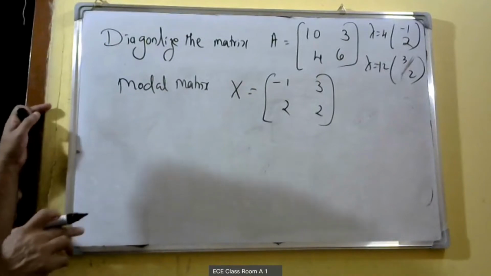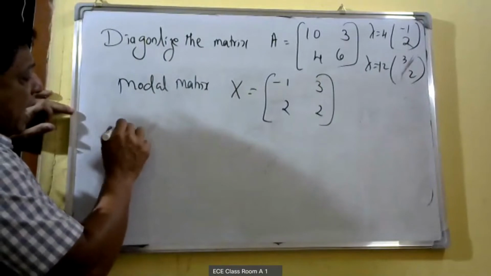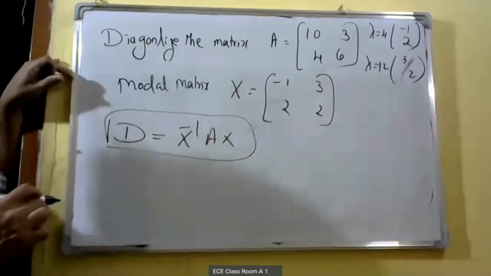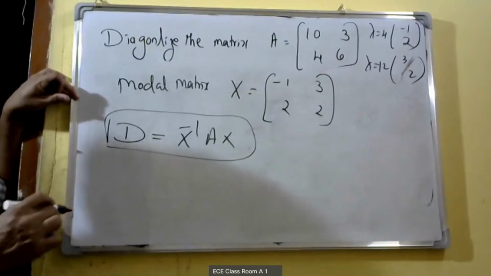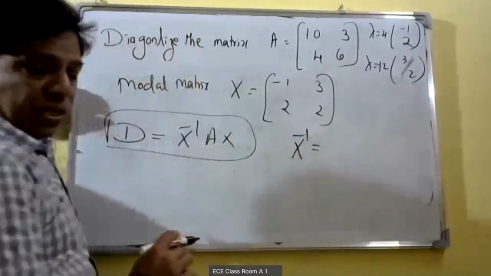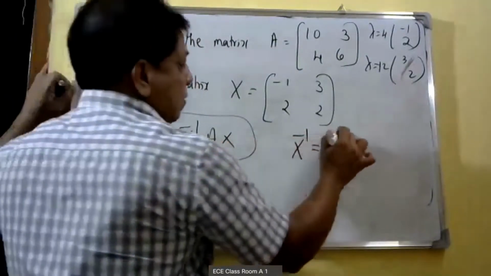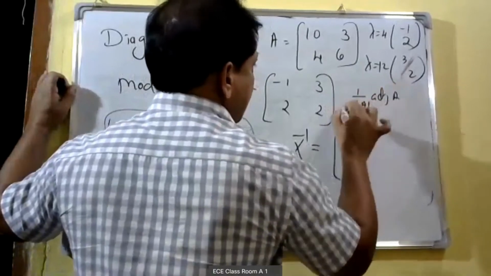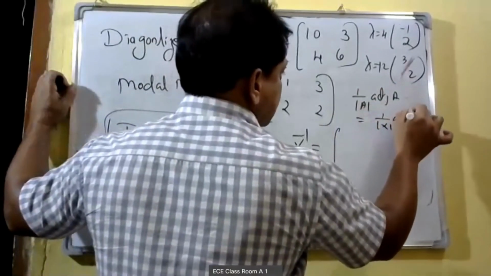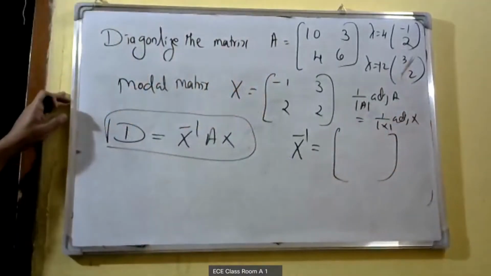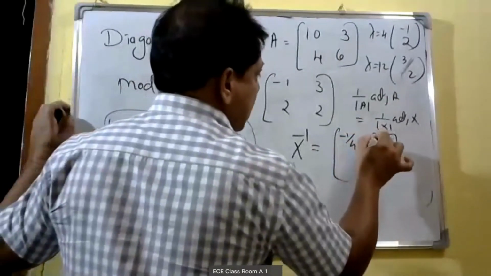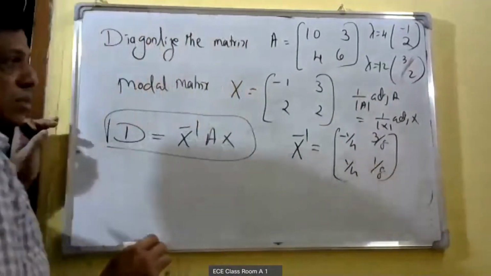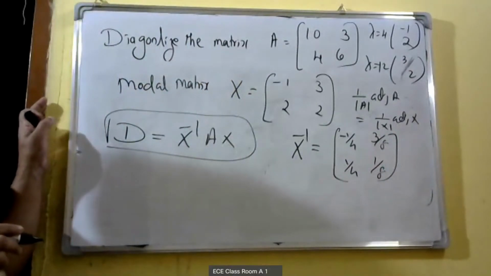Then, to find D, the diagonalization, we use the formula D equals X inverse A X. First we find X inverse, using the formula 1 by determinant of X into adjoint of X. Then X inverse is equal to [minus 1 by 4, 3 by 8; 1 by 4, 1 by 8].